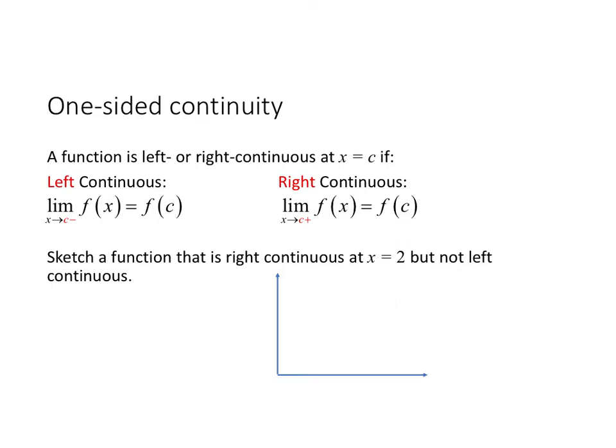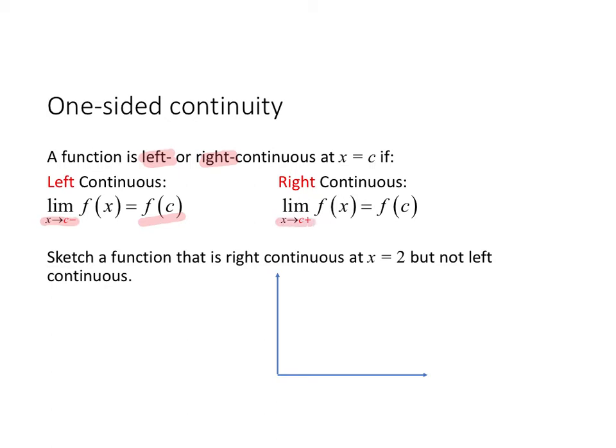Okay, in the same way that we had left and right limits, we can use the concept to have a left or a right continuous function. If you have a left limit that's the same as the function value, then it's left continuous.